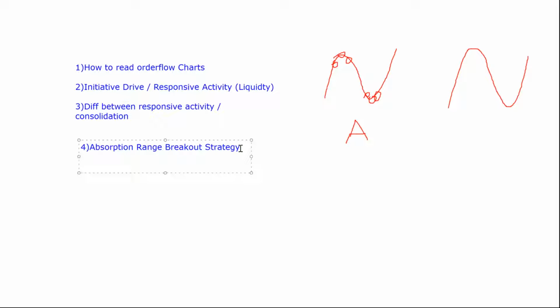The next thing we also discussed is how big orders at day high or day low, what is the meaning of that? We discussed iceberg orders there, right?